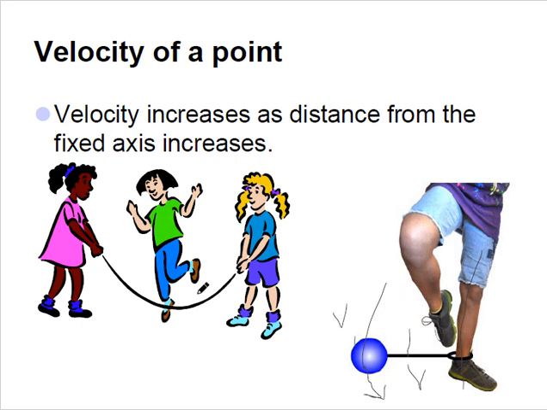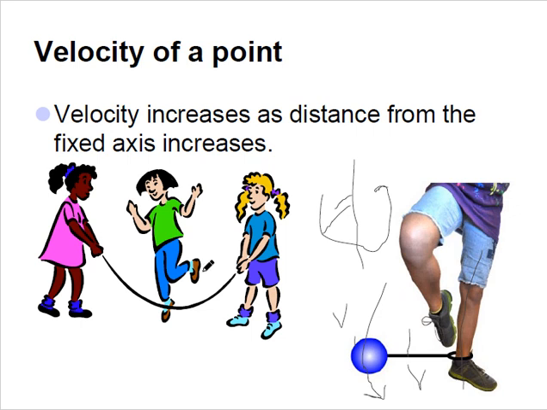Here the same thing, see how this is going to go that way. So if we put it in a formal sentence, your velocity increases as the distance from the fixed axis increases. Suppose that's your fixed axis and this is your body, and the farther away the point is, it's going to have a higher velocity.